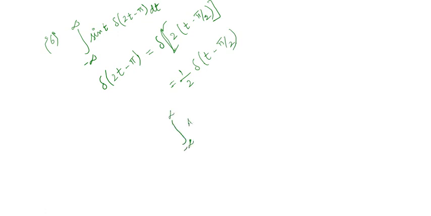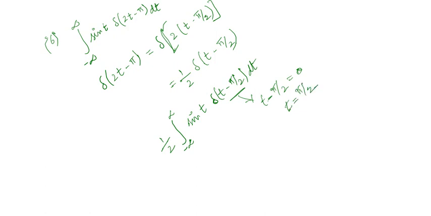Now put it in the question: sin t, with 1 by 2 brought outside the integration, delta of t minus pi by 2 dt. Observe that the integral of delta of t becomes 1 only when t minus pi by 2 is equal to 0, that is t equal to pi by 2.